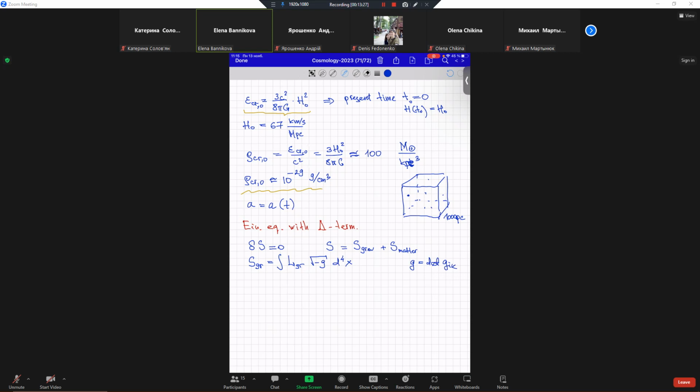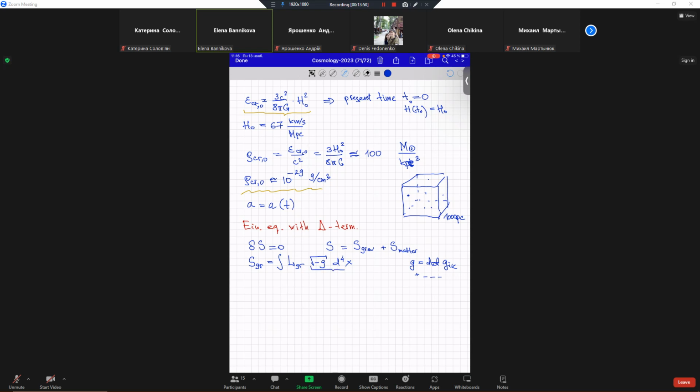Why do we put the minus under the square root? Maybe it looks strange, but we need to remember that we chose the signature plus, minus, minus, minus, so the value of the determinant will be negative. I need to put a minus here.